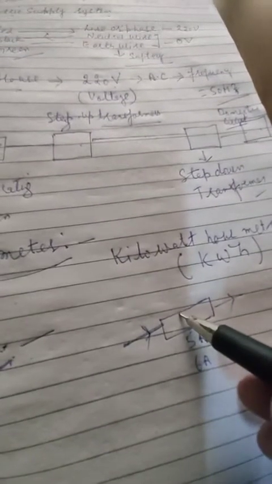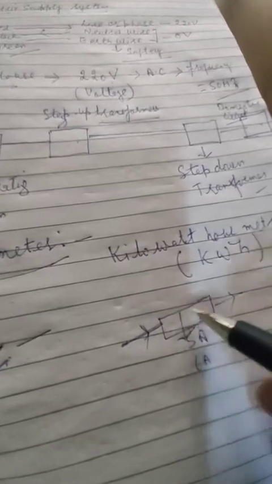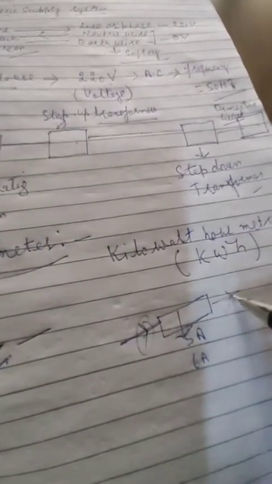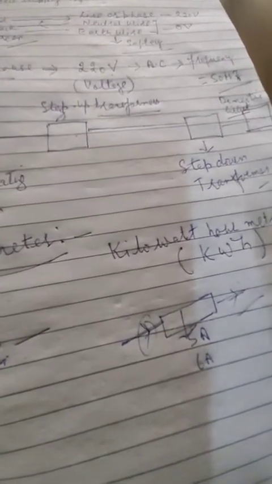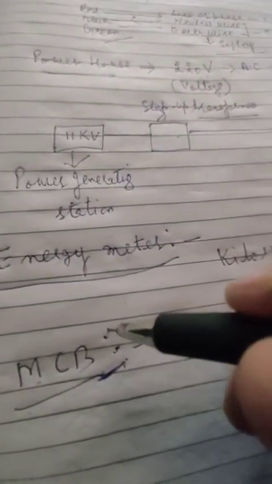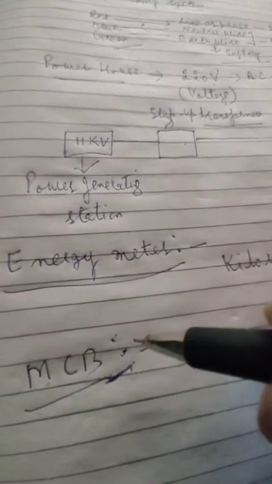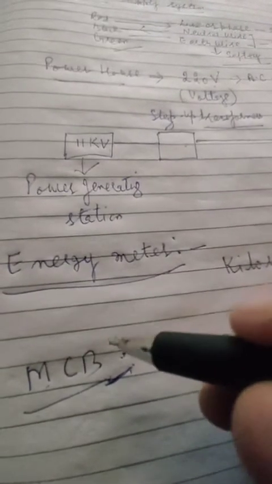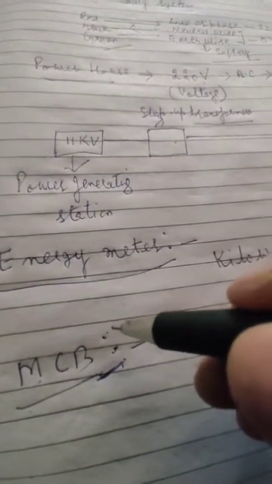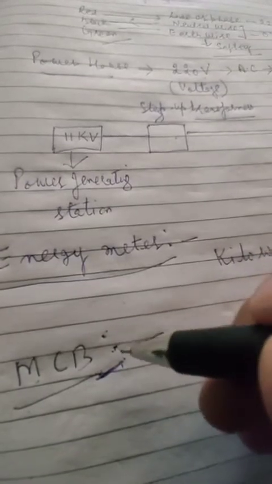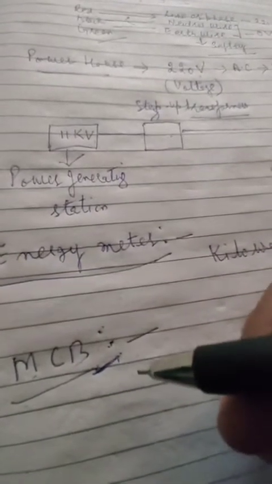It will get tripped and the supply will be cut off. So once again, miniature circuit breaker is an automatic, electronic device. When the current exceeds the limit, it gets tripped.